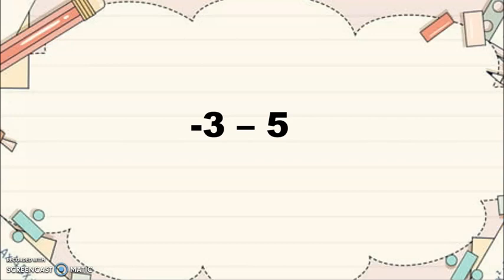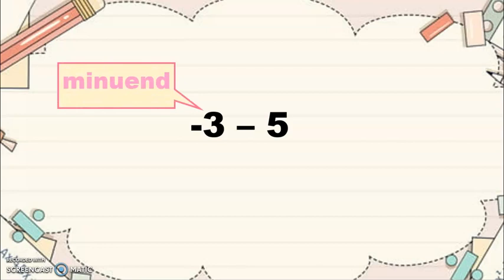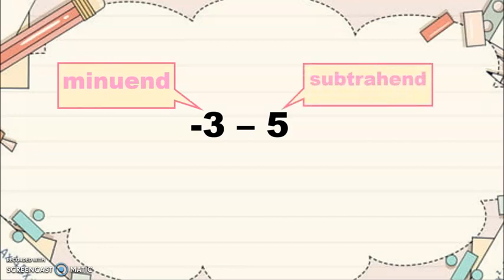So we have here an example, negative 3 minus 5. Let's first identify kung ano ang minuend kag kung ano man ang subtrahend. Here, negative 3, since it's the first term, is called the minuend. And 5 here is the subtrahend.